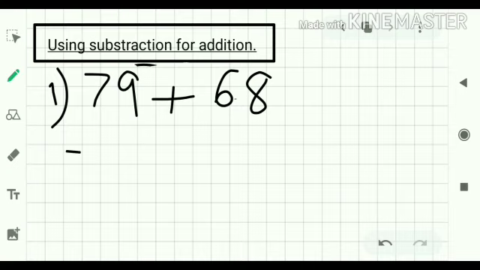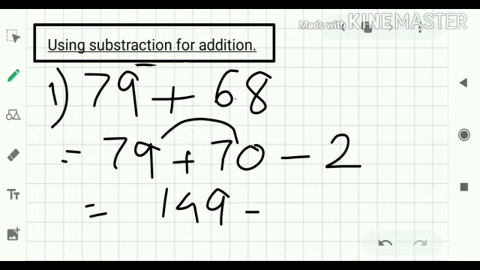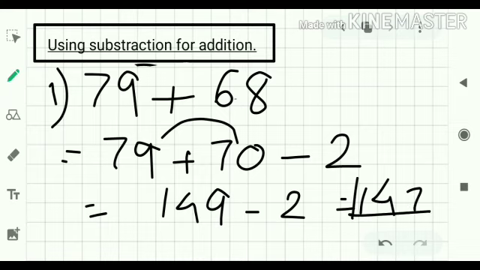Now this sum will get converted as follows: 79 plus 70 minus 2. Now this will become very easy. 79 plus 70 is 149, and 149 minus 2 is 147. So see, this is how a calculation can be eased.